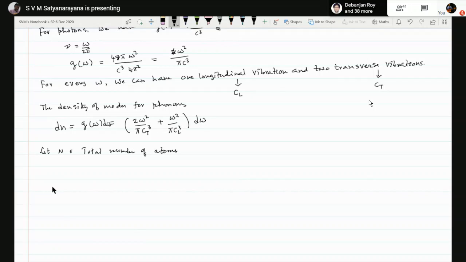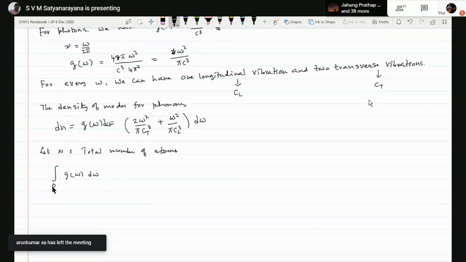So this implies that the integral of g of omega d omega, when you integrate from 0 to infinity, you should get the total n.